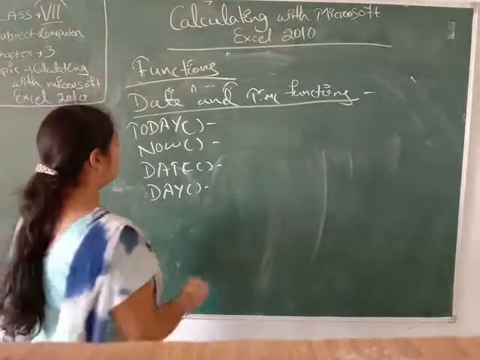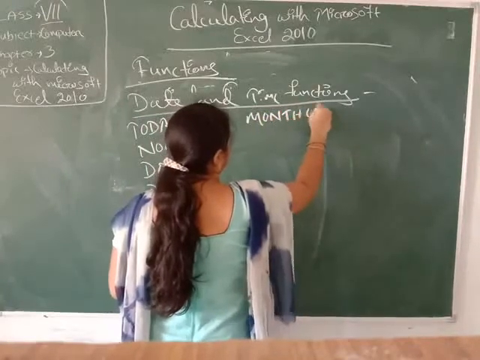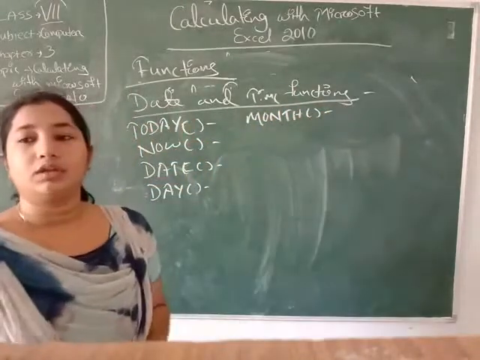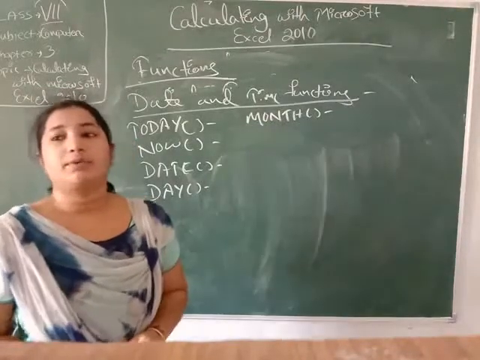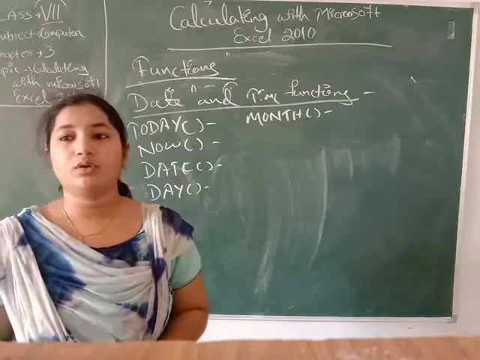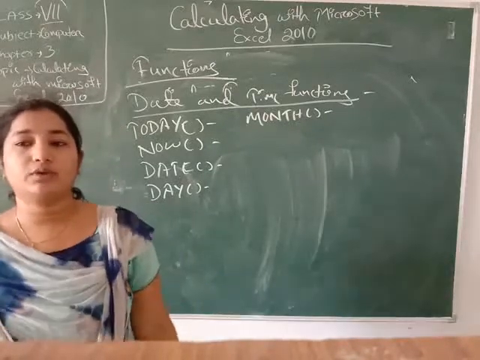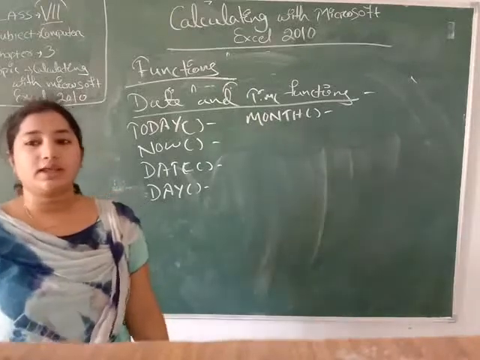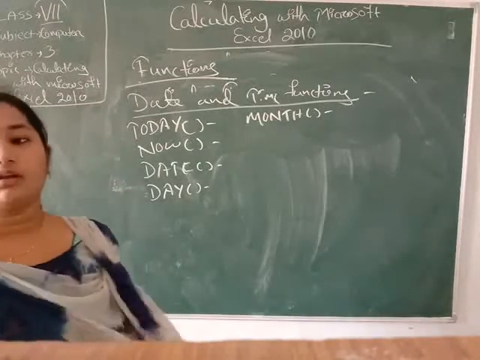Next one is MONTH. It returns the month corresponding to a date, represented by a number between 1 and 12. Like this, YEAR, WORKDAY, WEEKDAY, NETWORKDAYS, and EDATE are there. You have to read that.